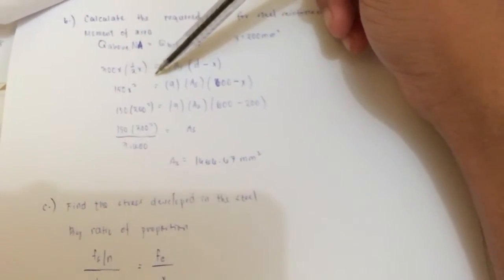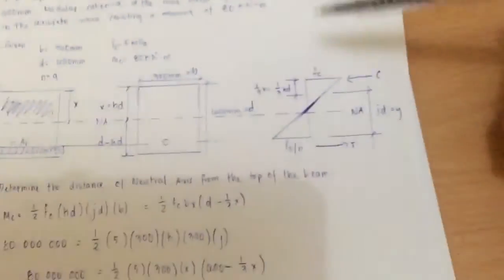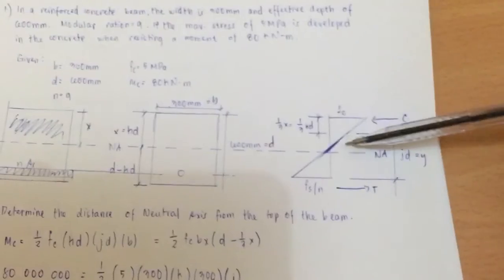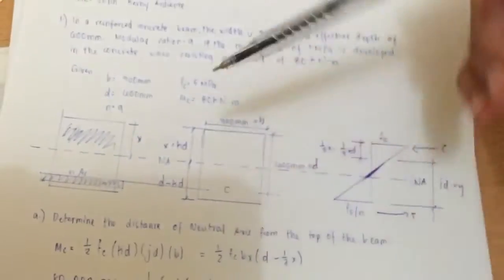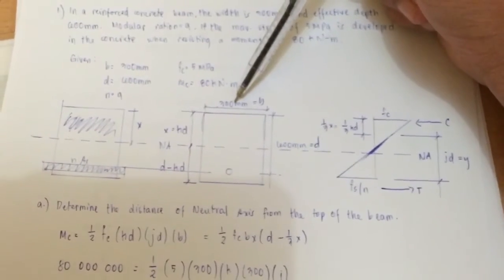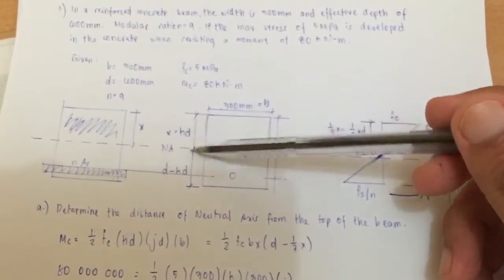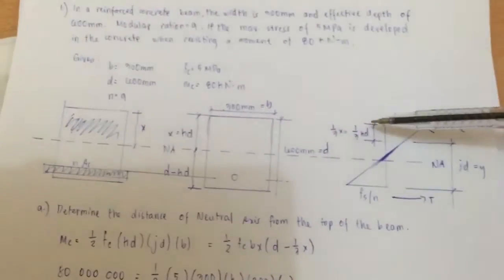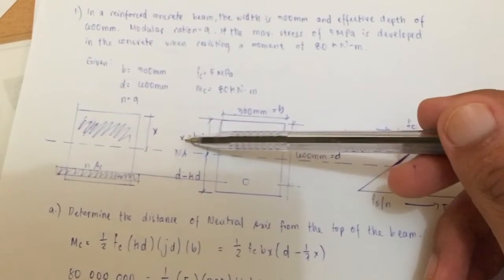So by moment, ingani nga to ang forma. And how did I get this one? So above the neutral axis, now remember, the width of our beam is 300, and the distance from the extreme fiber to the neutral axis is just equal to x.